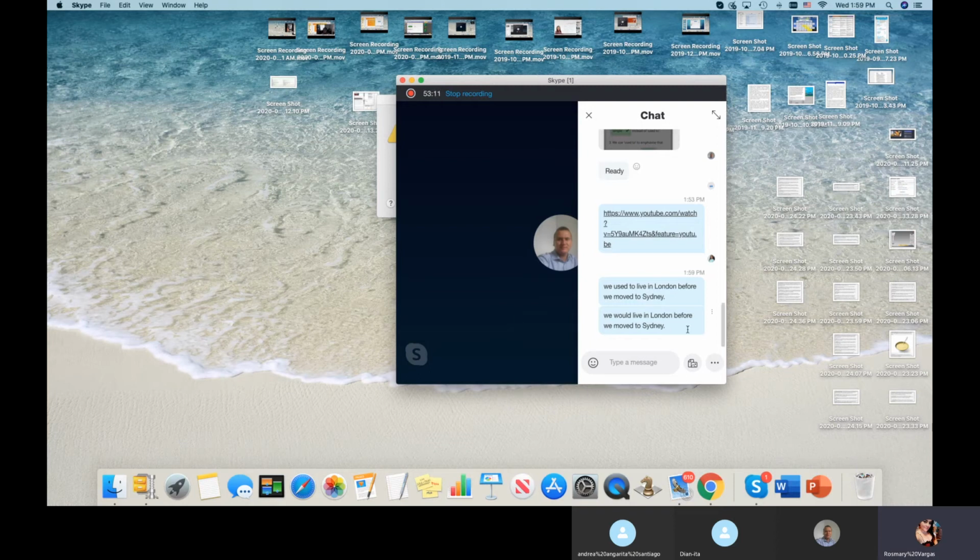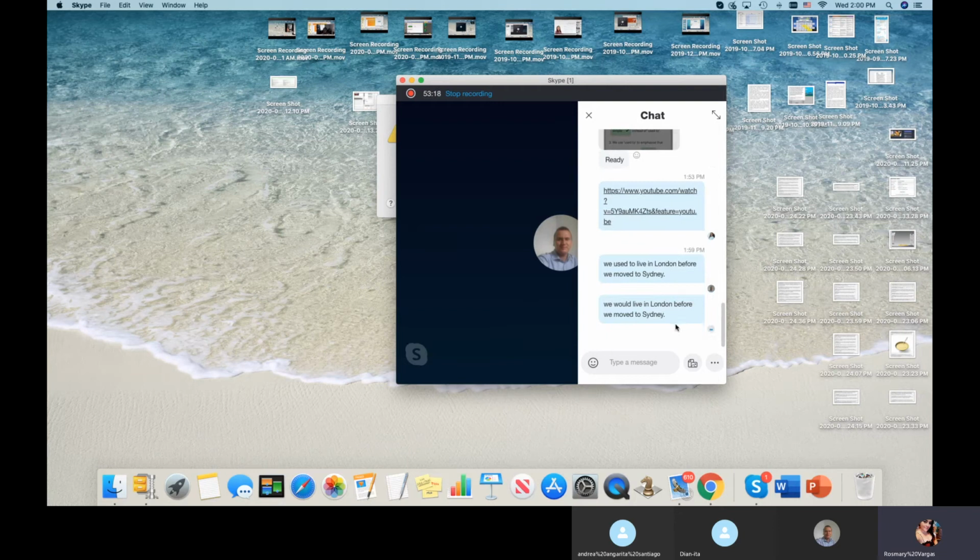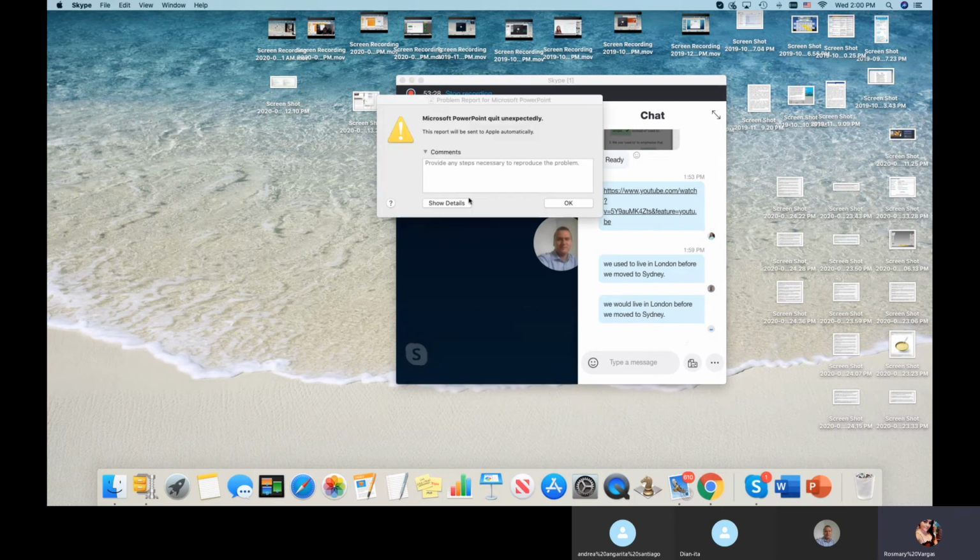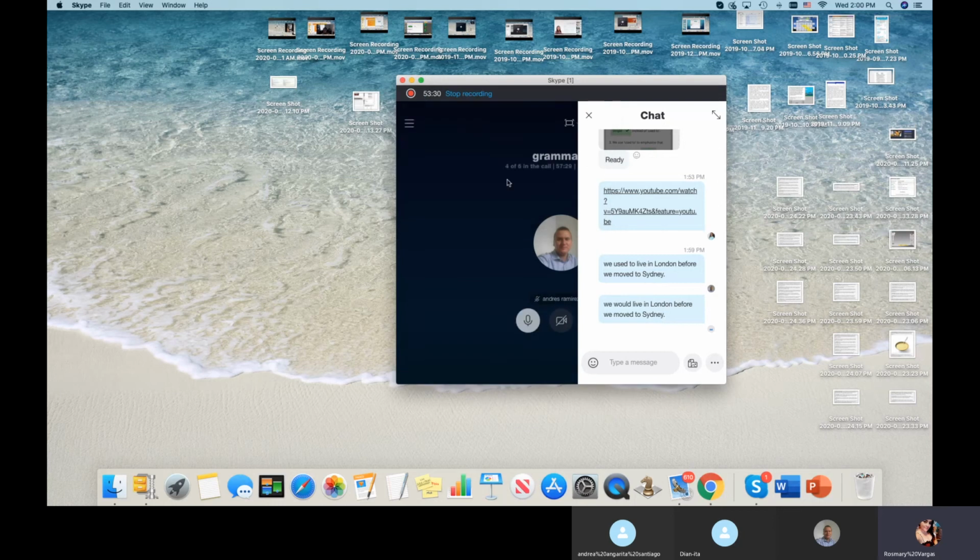No estamos hablando en past. ¿Ya? We would, aquí así sería como nosotros podríamos vivir, no que vivimos en London. Hablando de pasado, antes de movernos. So sometimes you just need to pay attention, look carefully at the sentence, and see if that makes sense.